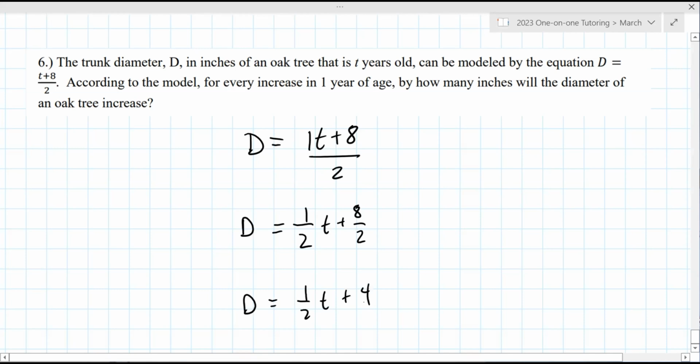What is the slope of this one? What's the number in front of the variable? 1/2. Okay. All right. So that means that it's going up by 1/2 inch every year, and so on. Okay.